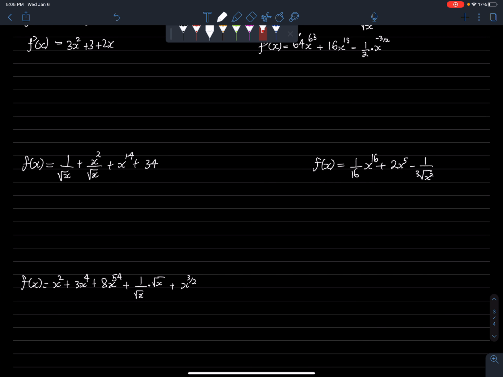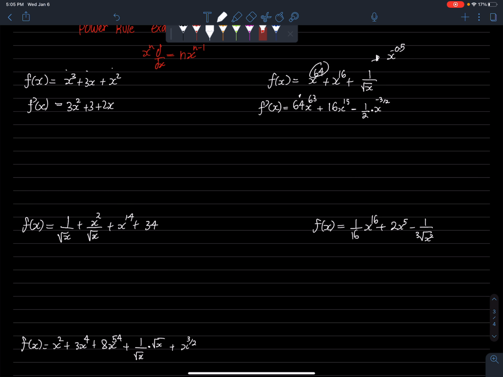It's actually good to have in the back of your head the derivatives of things like 1 over root x and 1 over root of x squared, because these ones are very common. If you can save time on doing the subtraction of the fractions and having to think about it, it'll save you a lot of time in the long run, especially if you're doing a more complicated derivative.